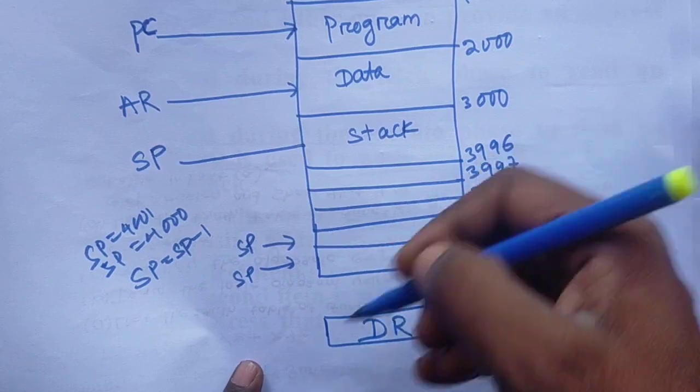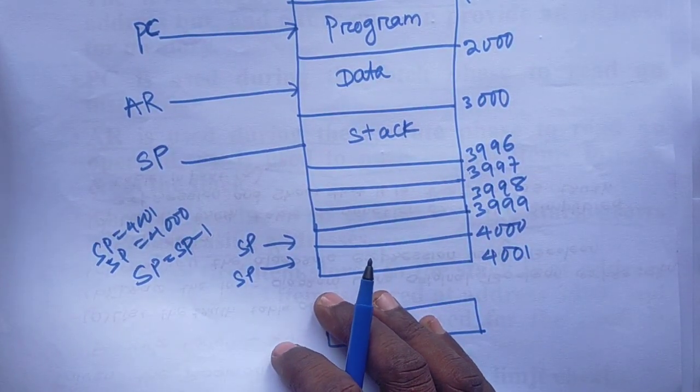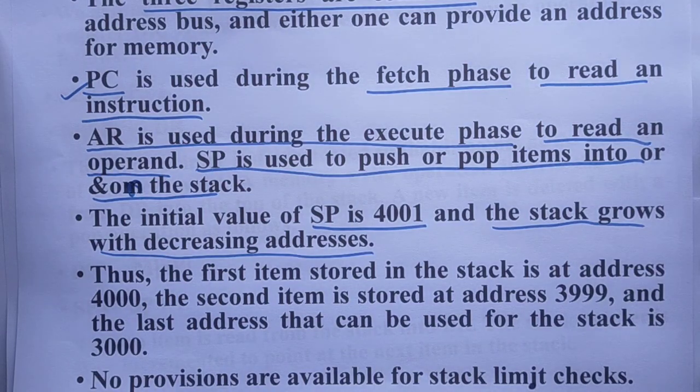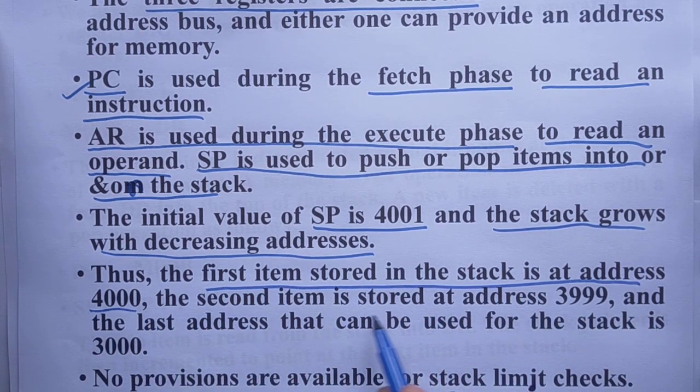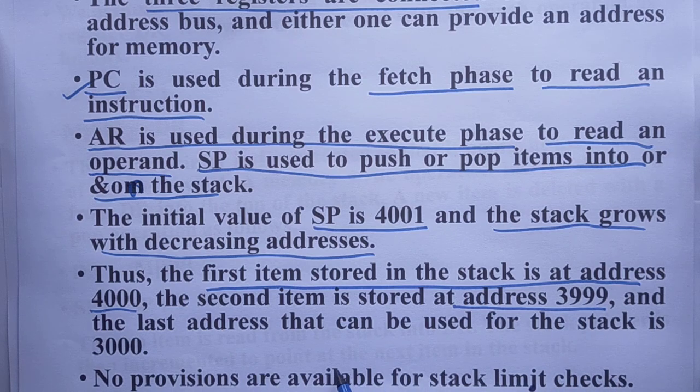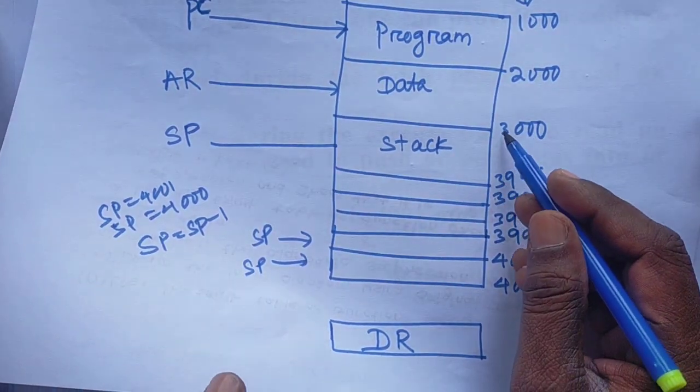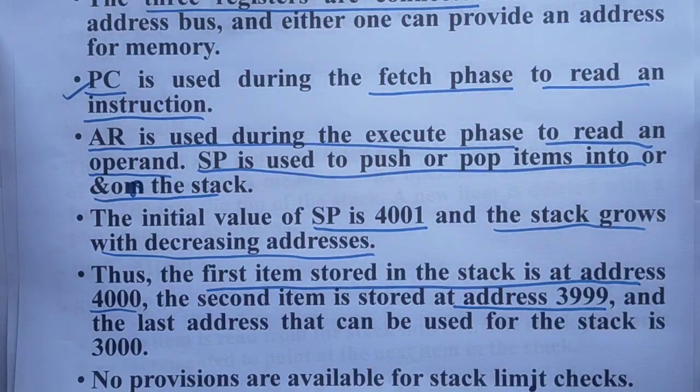Like this we can insert data into the stack by decreasing the addresses. The last address of the stack is 3000, so up to 3000 we can insert data. That is the last address we can take.